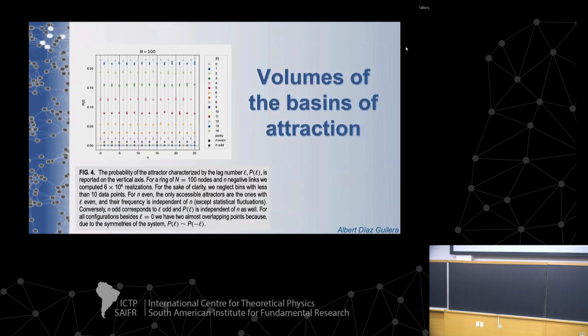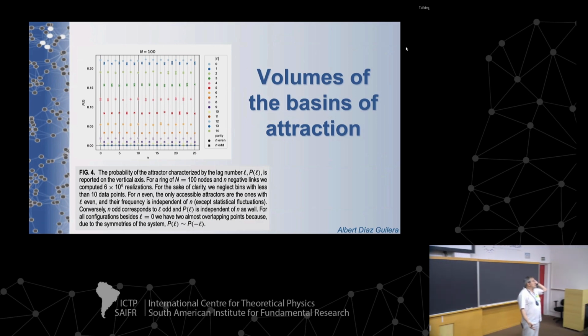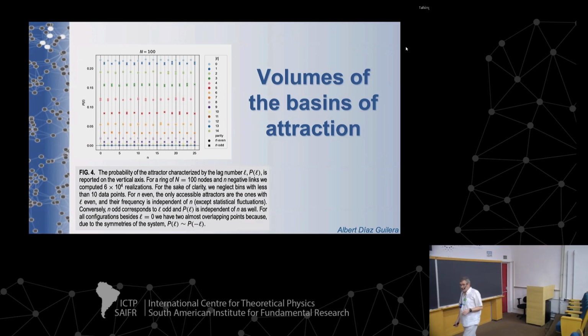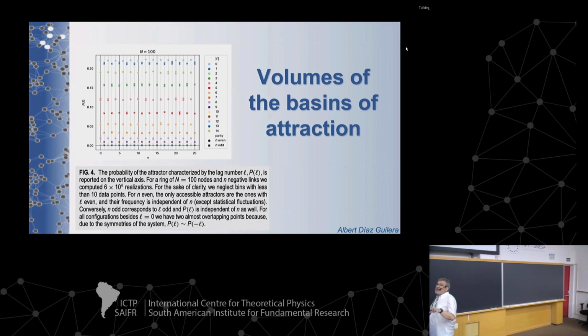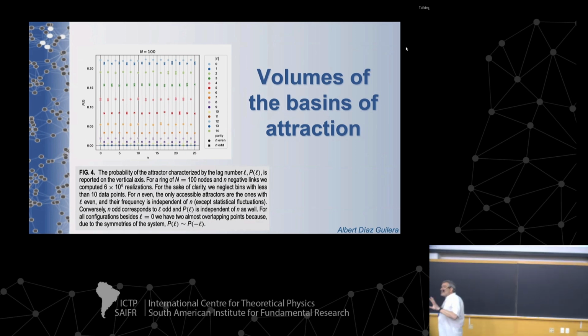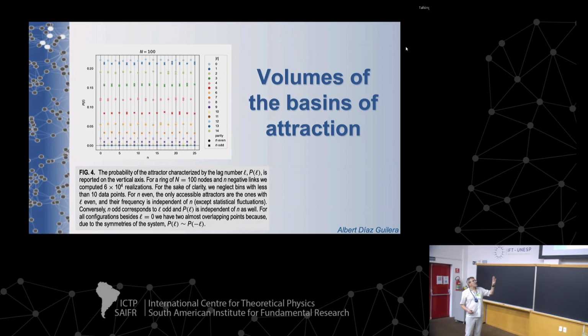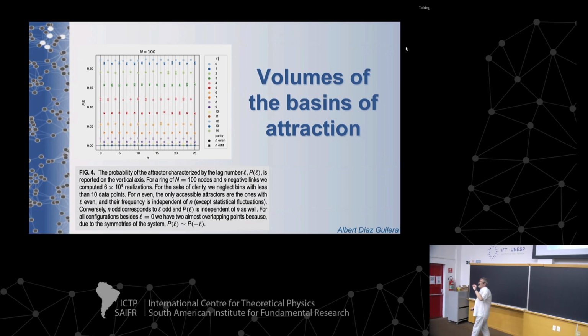So then we know which are the solutions. We have checked that these solutions are linearly stable. There are other types of solutions that are linearly unstable, so we have the typical menu on this. What we find here, on the horizontal axis, is the number of negative links, and this is the probability that, starting from a random initial condition, your system ends up in a given lag number.